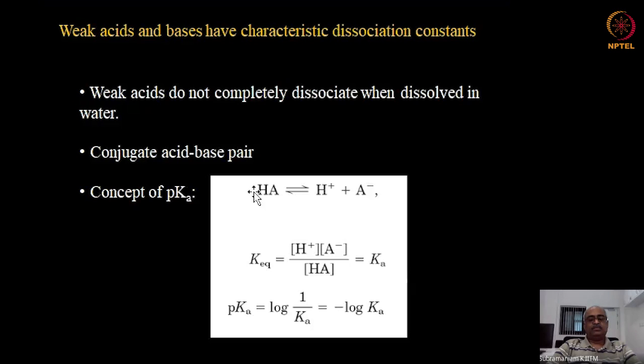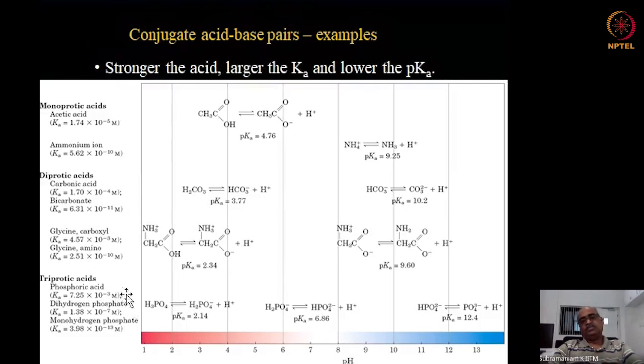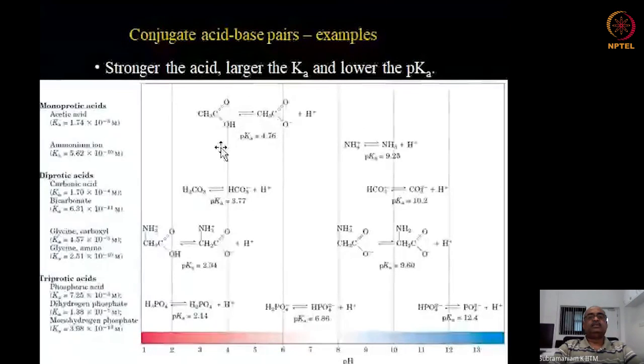For example, acetic acid dissociates into protons and acetate ion, and that acetate ion is the conjugate base for acetic acid. Here are some examples of weak acids with their pKa values given.